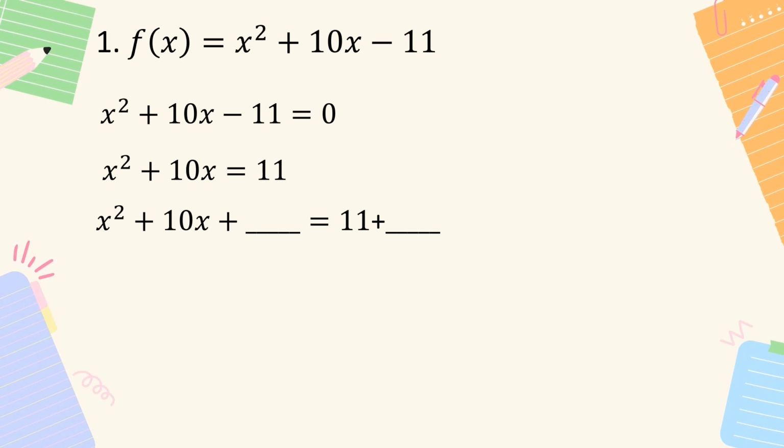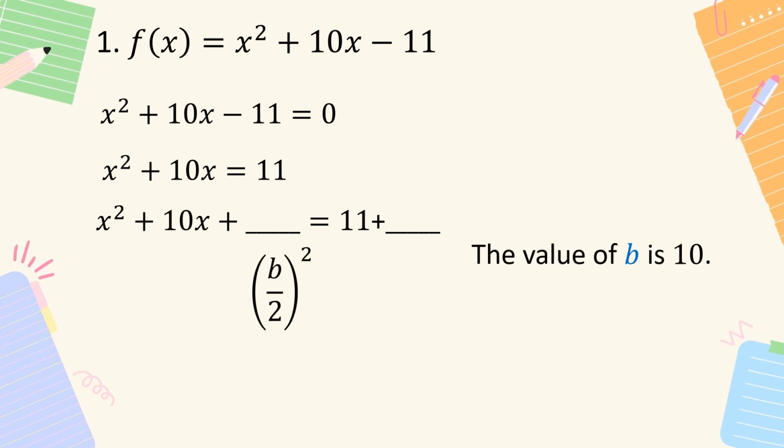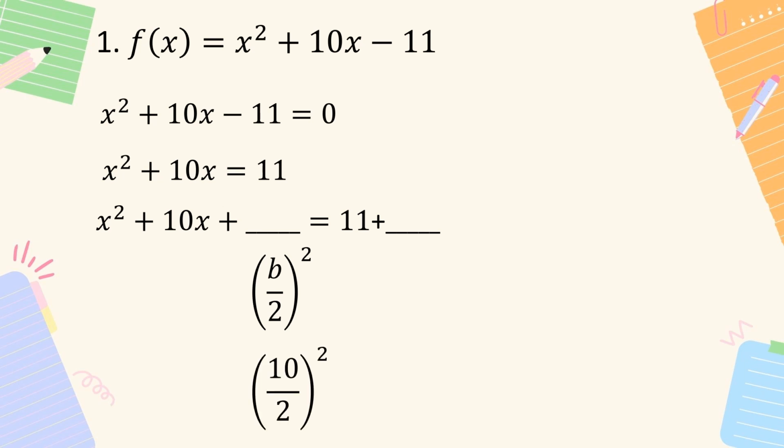Using our formula, the square of the quotient of b and 2, the value of b is 10. So that will now be written as the square of the quotient of 10 and 2.